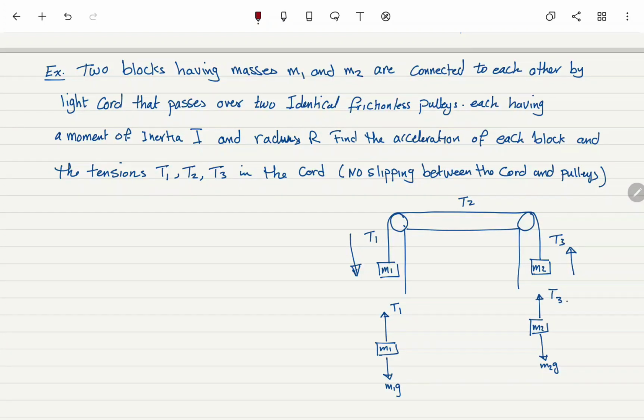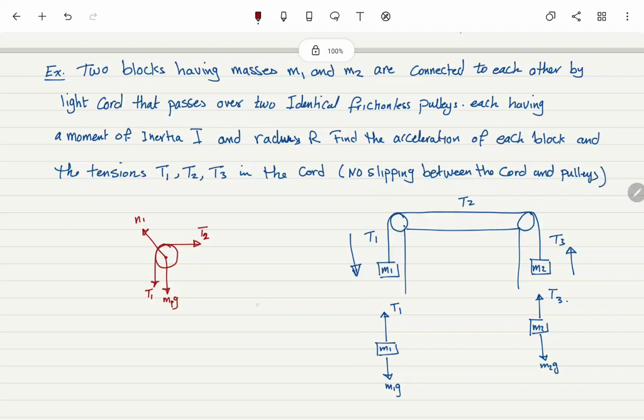Now let's also draw the free body diagram for the pulleys. Now on pulley 1 here we have T2, we have T1, we also have the weight for this pulley, and we have the normal to the central axis of the pulley.